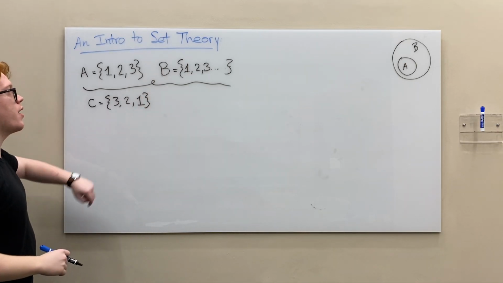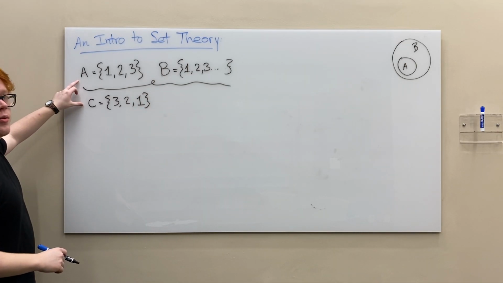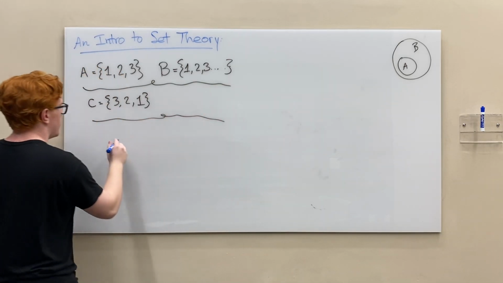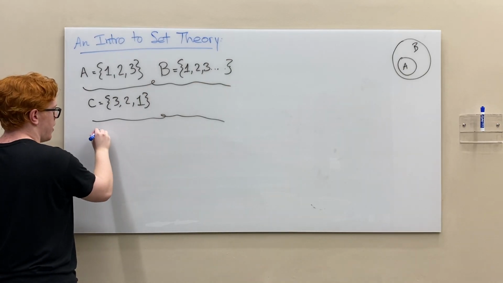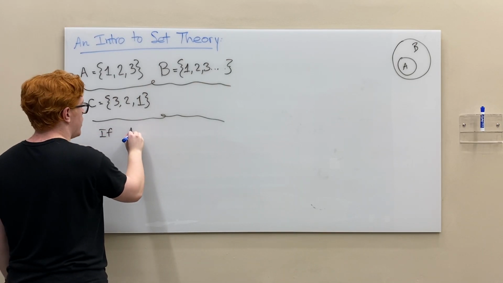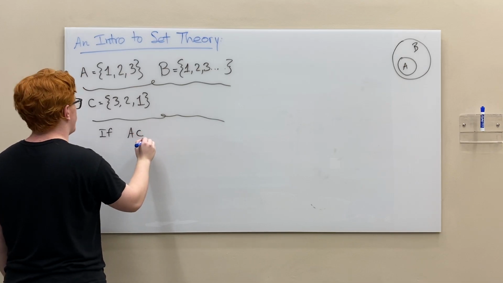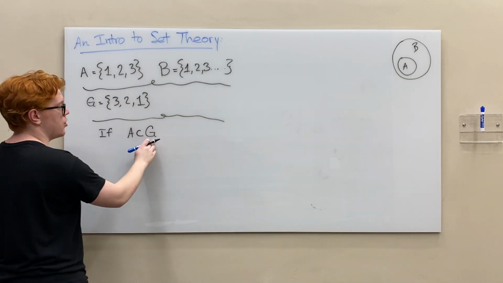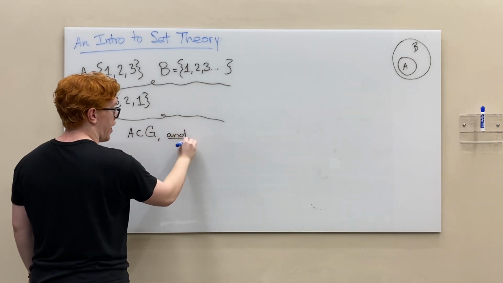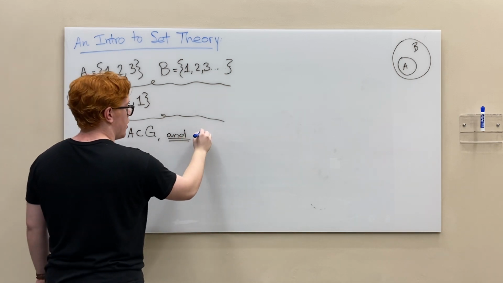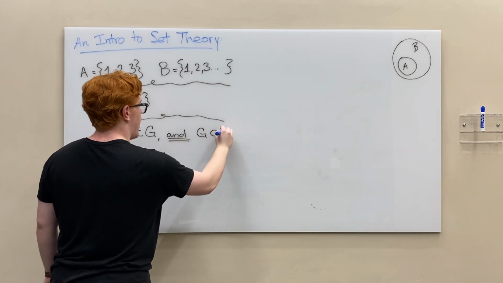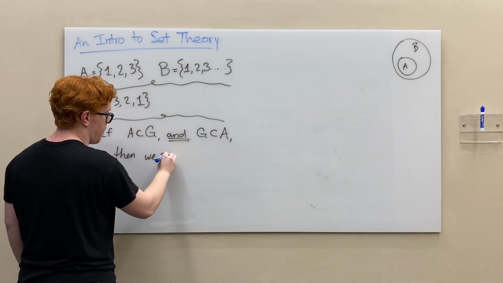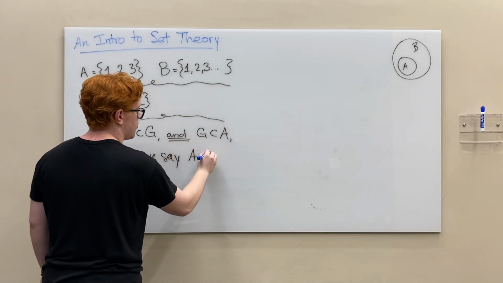Now remember, order doesn't matter, so what you can notice is that these two are equal, and you could sort of get that intuitively, but the formal definition is that if A is a subset of G, and these both have to be true, and G is a subset of A, then we say that A is equal to G.